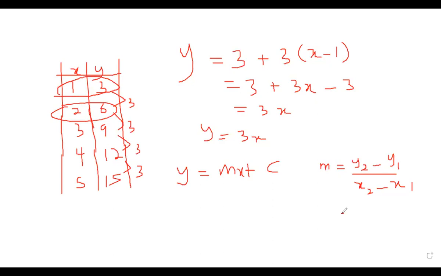That will give us y2 is 6 and x2 is 2, minus y1 is 3, x1 is 1. So 6 minus 3 is 3, divided by 1. So our gradient is 3. That gives us y equals 3x plus c.